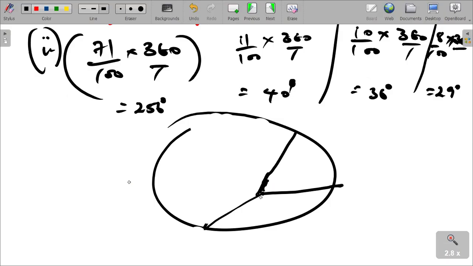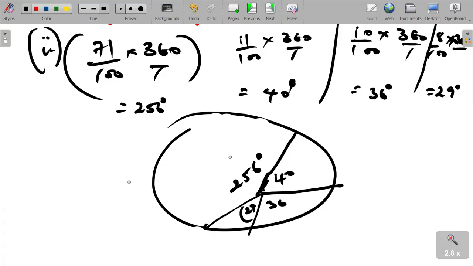We have got the smallest, which is 29, which is 36, which is 40, which is 256.